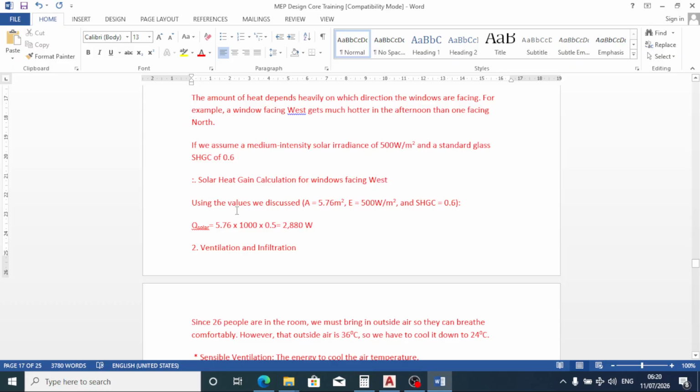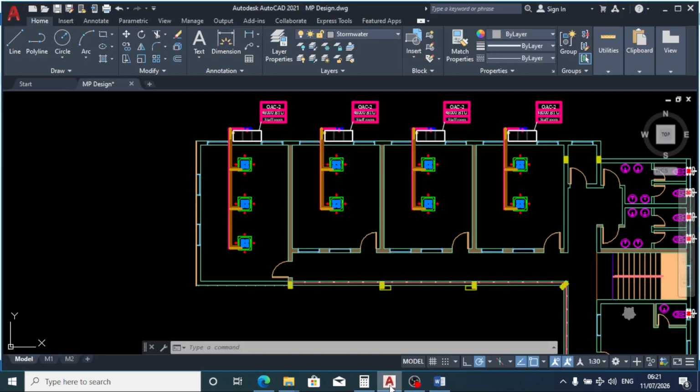Okay, so now we are not going to use this area. Let's go back to our drawing.